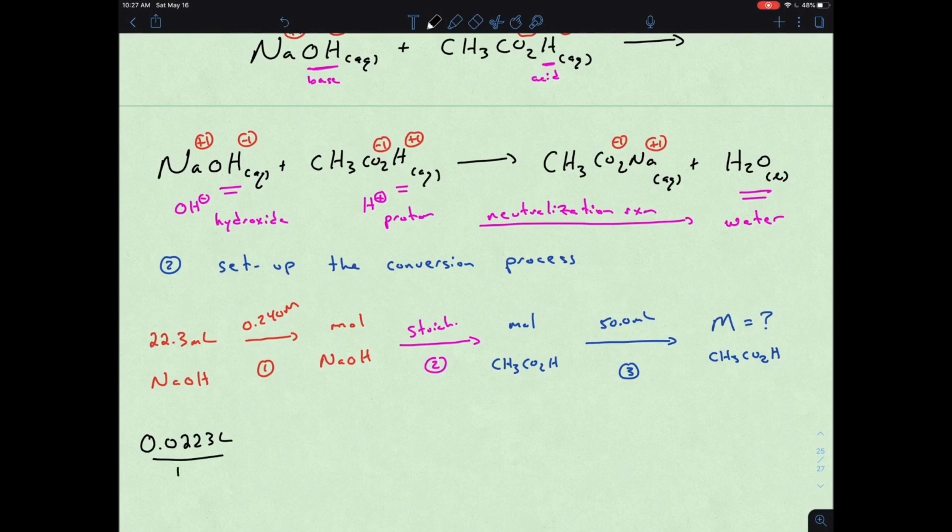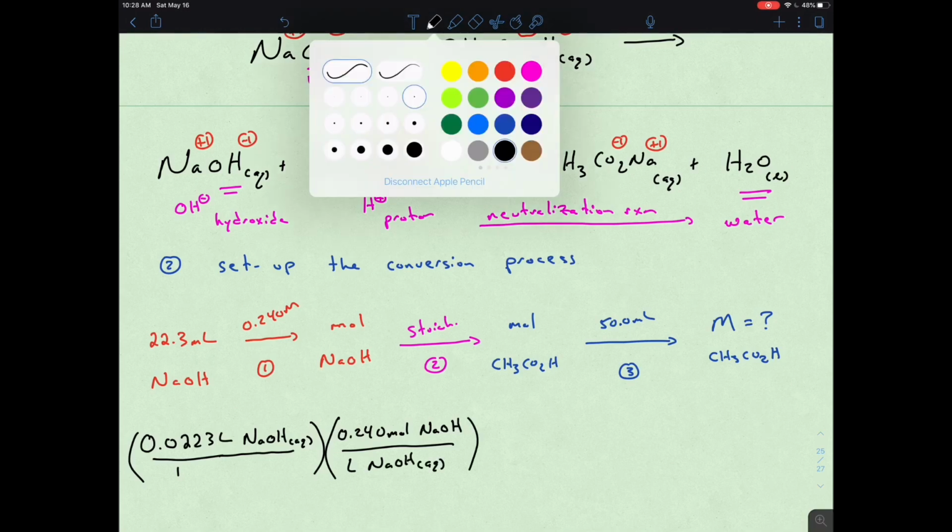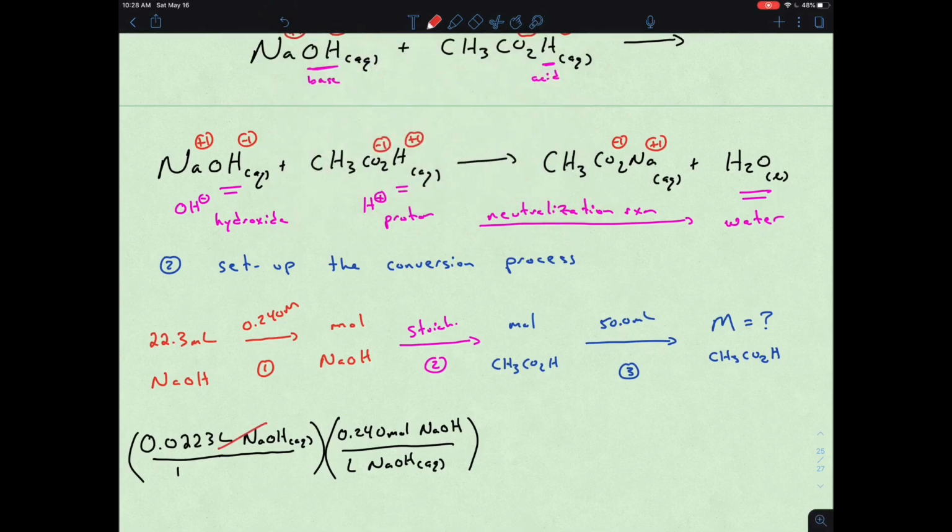So converting to our liter volume for the sodium hydroxide, and then using our molar value to convert out of the solution and into moles of our titrant. So we're into moles of sodium hydroxide, right, step 1.